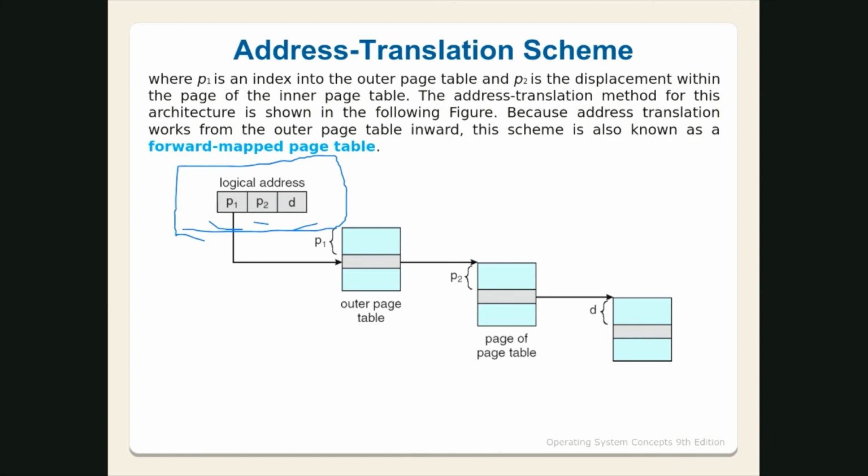You go to the outer page table, go to the particular entry. Let's say this is the entry. It contains another page number. So go to that entry here, and it contains the frame number. Then you add the offset to that frame number, and you will get the corresponding physical address.